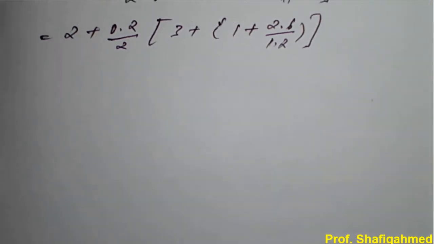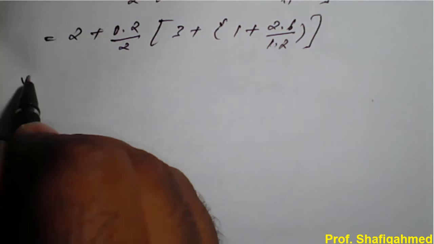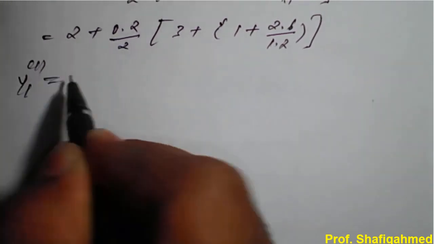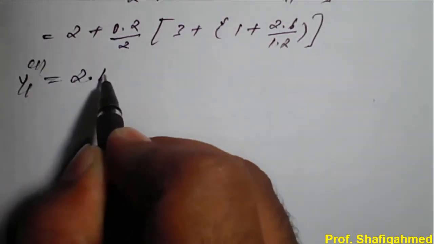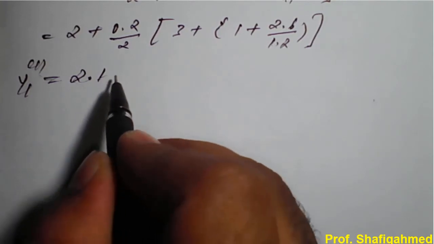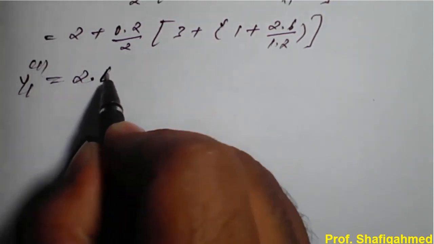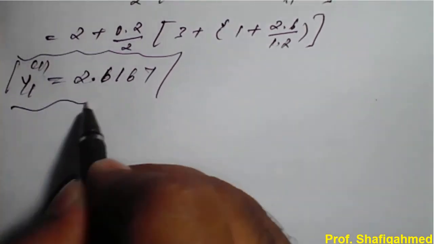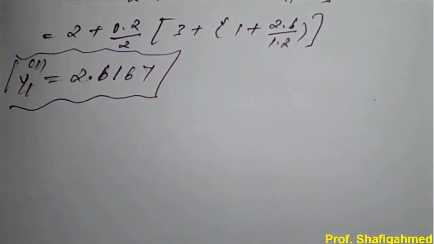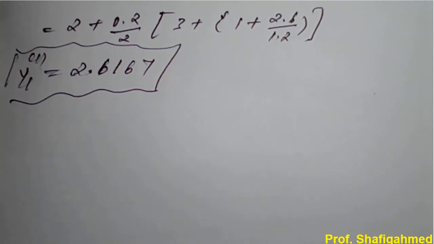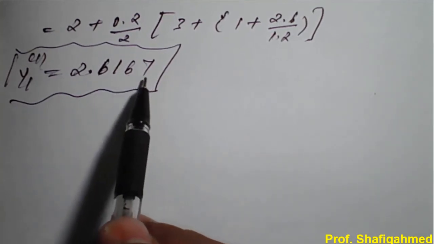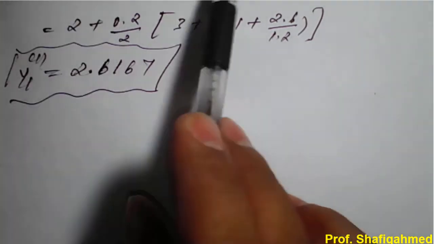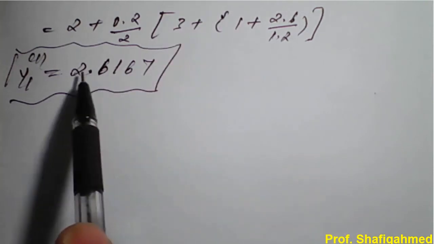So therefore our answer is, first approximation y1 of 1 is 2.6167. Our predicted value is 2.6, so first we have corrected it, it is 2.6167. So we need to repeat the same formula, how many times, till we get the same answer.